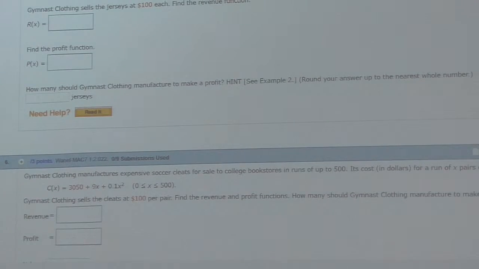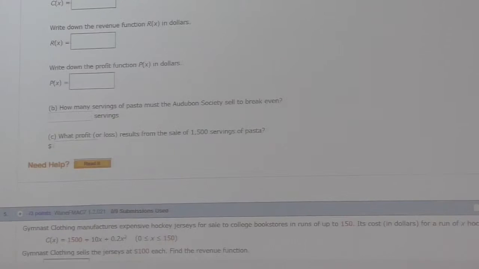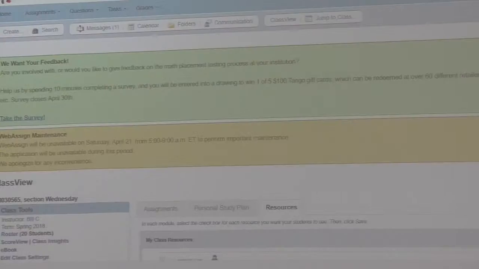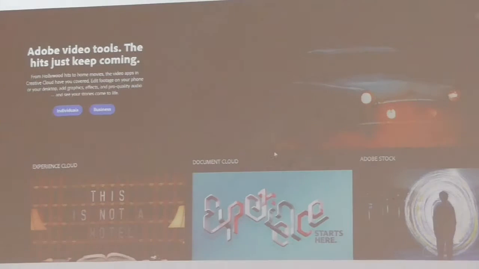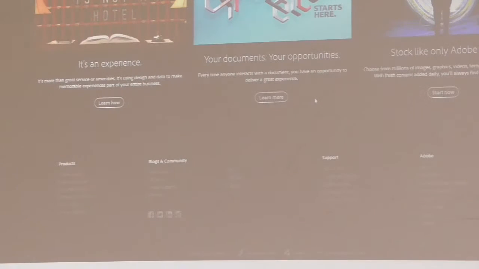Now let's see if we can get the book working, but I think to get the book working I have to install Flash. Unfortunately, every time I want to refer to the book, I have to install Flash, but let's see what happens.